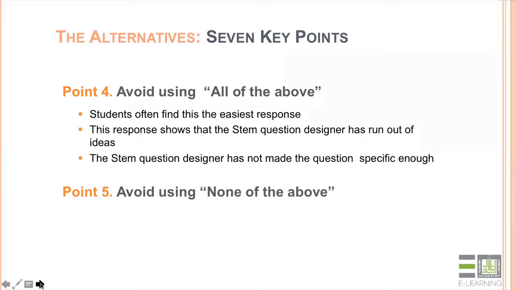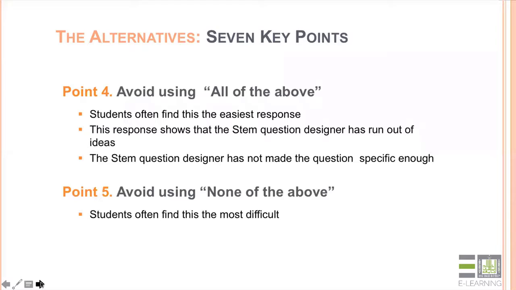So it's very important for us to avoid using all of the above within our list of alternatives. If we do, we're encouraging students to guess the question. It also suggests that the question that we have designed isn't specific enough, and it's easy for us to give the answer away if we include all of the above.